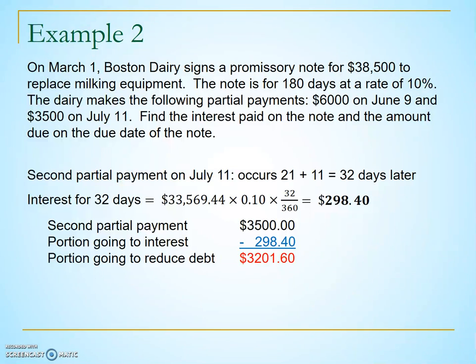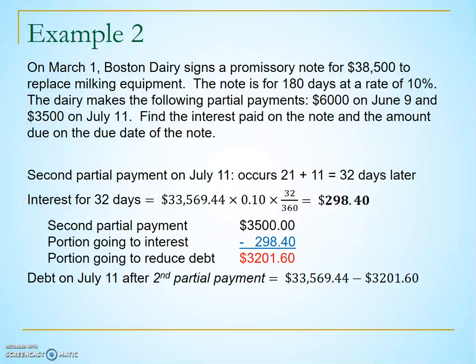This means that the amount still due after the second payment is $33,569.44 minus $3,201.60, or $30,367.84 still owed on the loan.